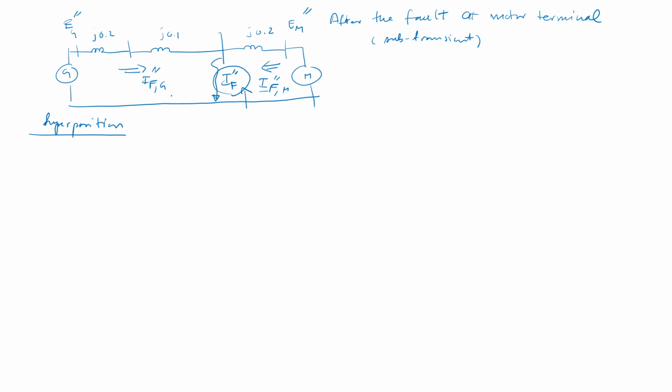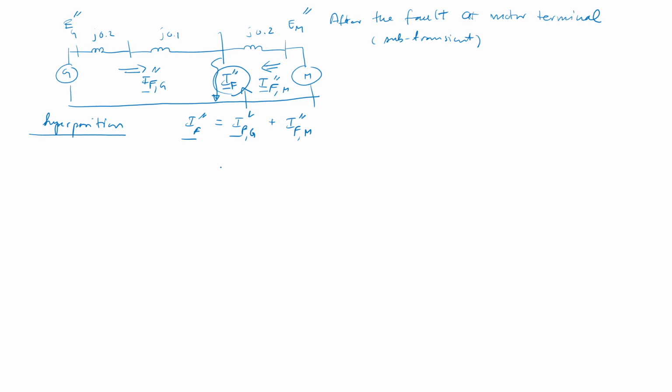Of course, this is during the subtransient period, so we put the double prime over it. And for superposition here, I highlight this as a complex quantity. This is IFG double prime plus IFM double prime, right?